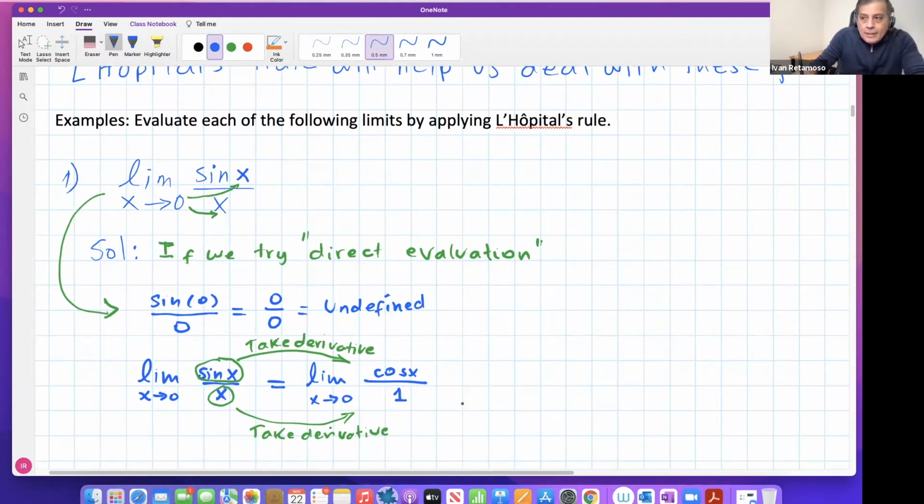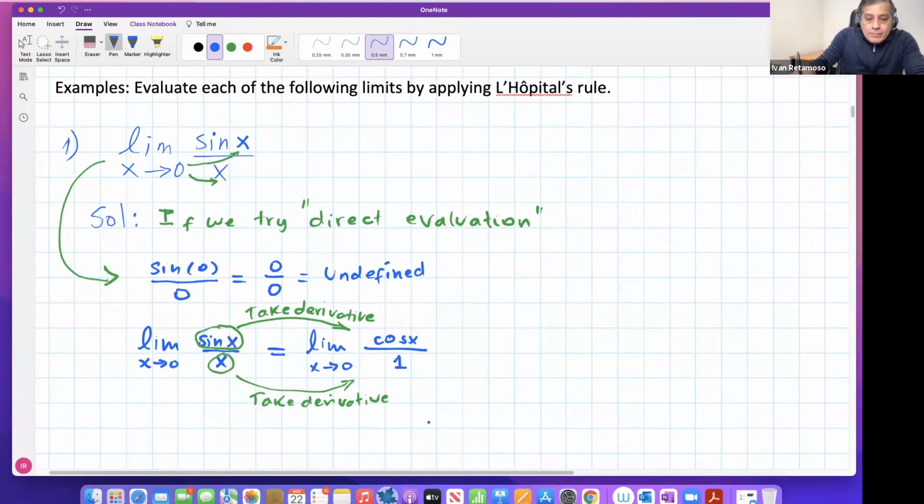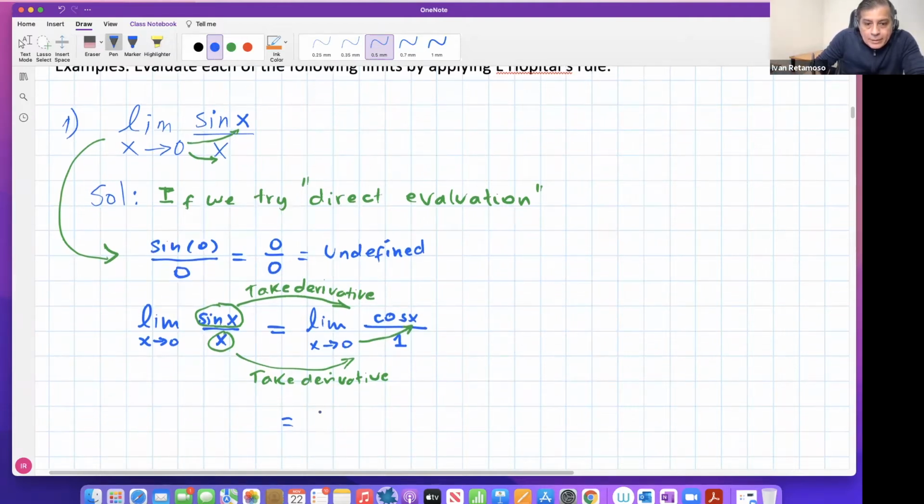We did that. But then you may say, right, Professor, but what have we gained? Well, we have gained the following. Now, try again the direct substitution. And surprisingly, you will see that now it will work. Now it will work. Because now you will get cosine of 0 on the top and 1 on the bottom, right?